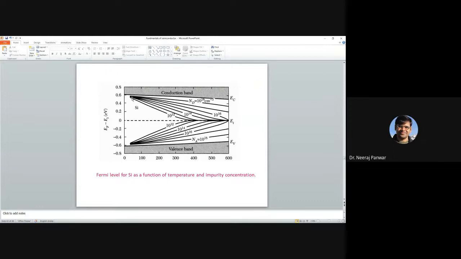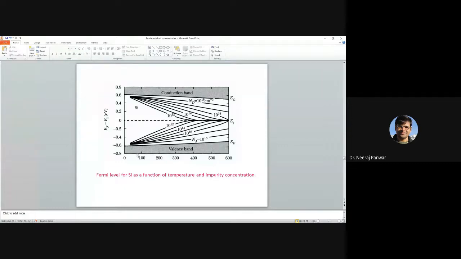Here you see this graph where the donor concentration is very small, 10 to the power 12 per centimeter cube. The donor concentration is very small, so the Fermi level is very close to the conduction band.